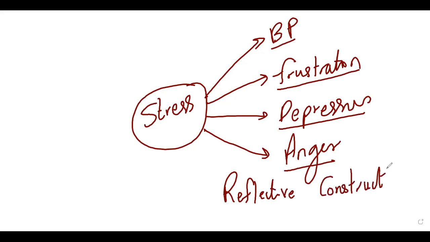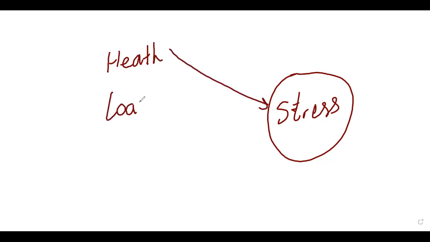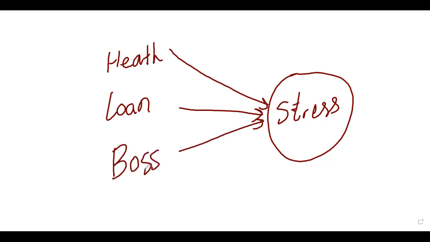Similarly, if I draw this another way, suppose I'm putting the stress here and saying that stress may come from the health problem, stress may come from the loan, stress may come from the boss or superior, or stress may come from any other reason, maybe an enemy.